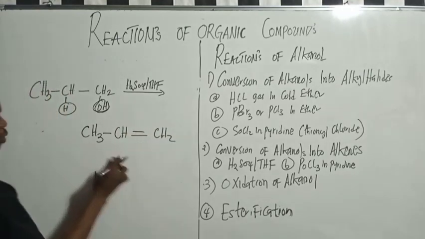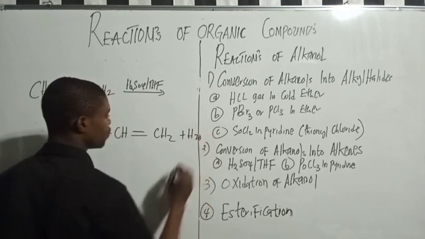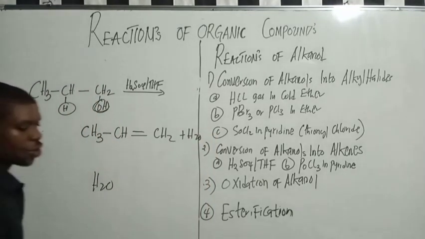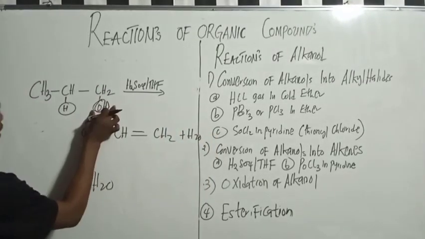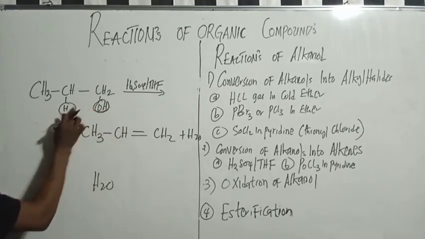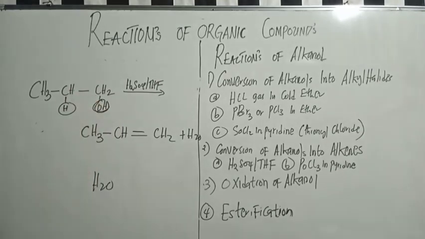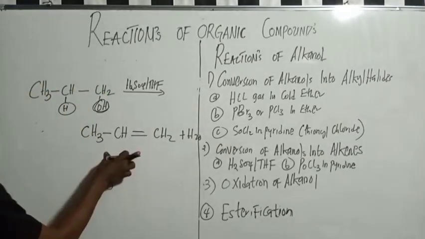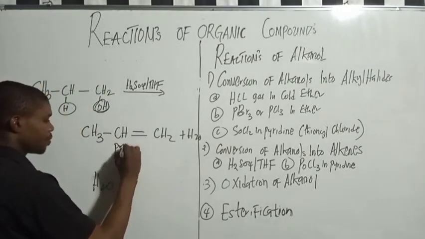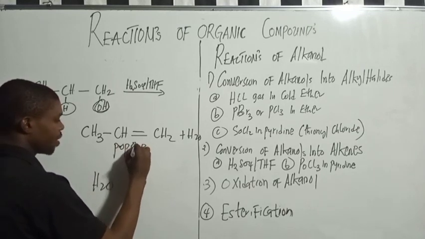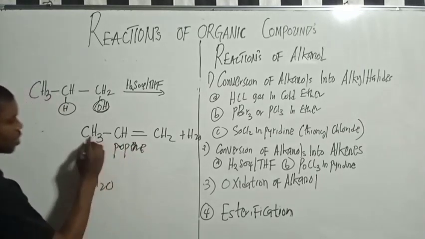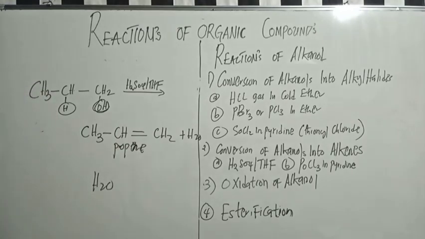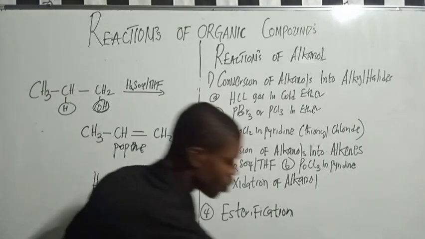You're now going to form a double bond, plus H2O. So when you remove OH from one carbon and hydrogen from another carbon, a double bond will be formed between the two of them. That is what we call the dehydration reaction. And then the name is propene, because it has a double bond.